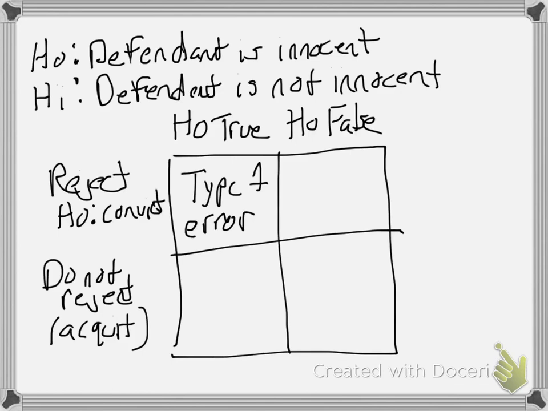Now, let's say that H0 is false. That means the defendant is not innocent, and we convicted them. Did we do anything wrong? No, that is a correct decision. The guy's guilty, and we said so. Let's go back to H0 being true, and we acquit them. If they're innocent and they're acquitted, yes, that's another correct decision.